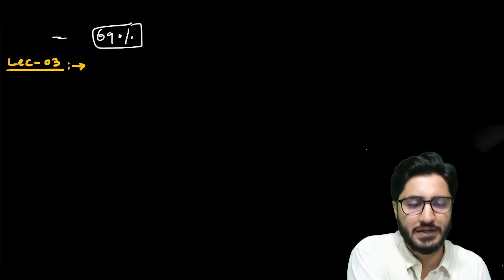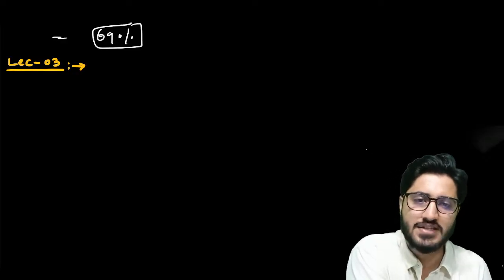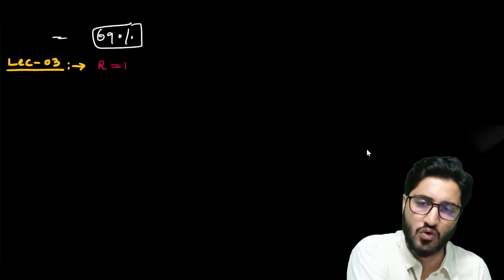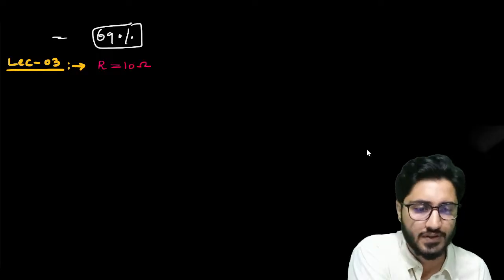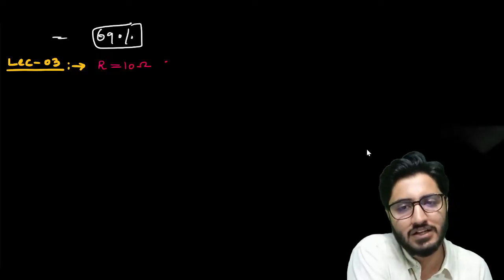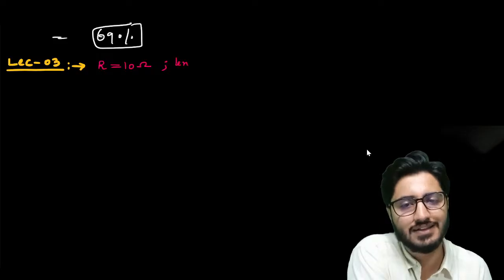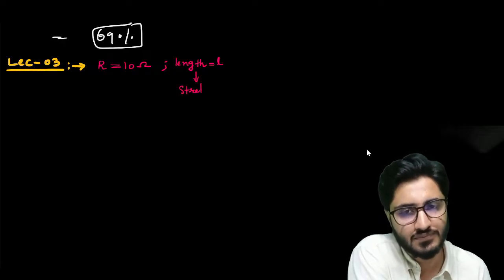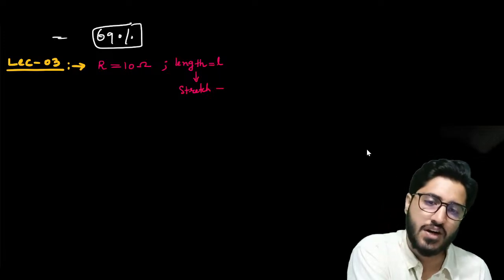My numerical would be, look now, resistance is given. The initial resistance is 10 ohm, and the original or initial length is L. What happens is we now stretch it to double length.